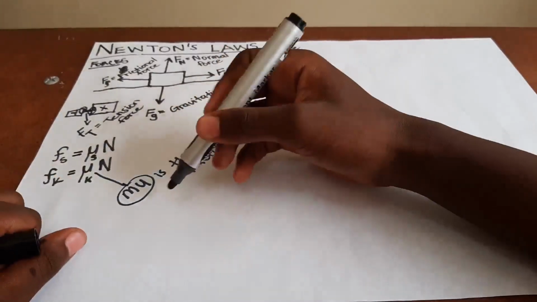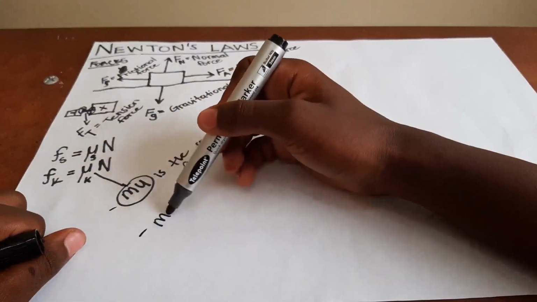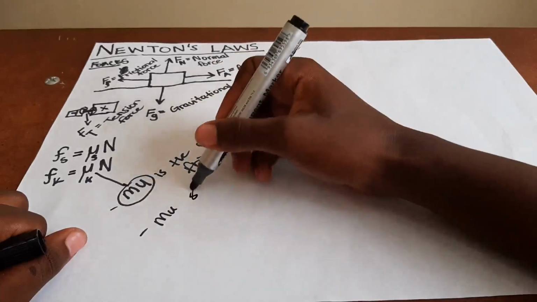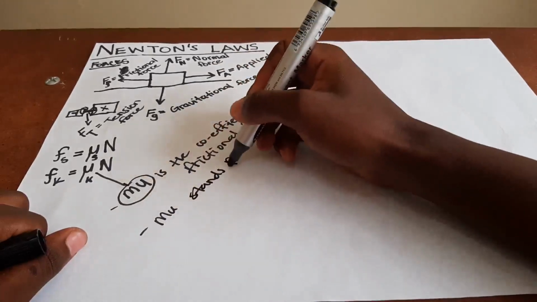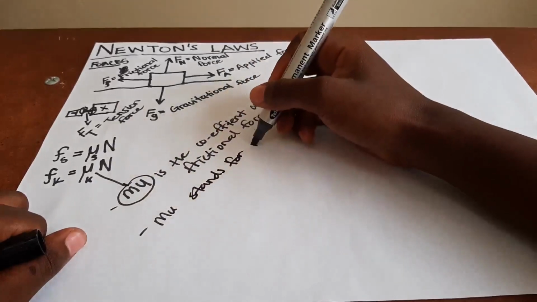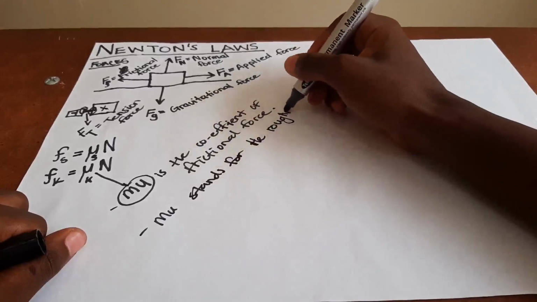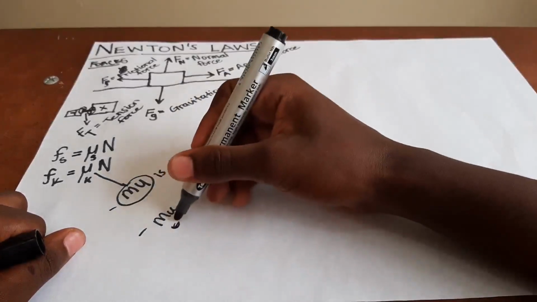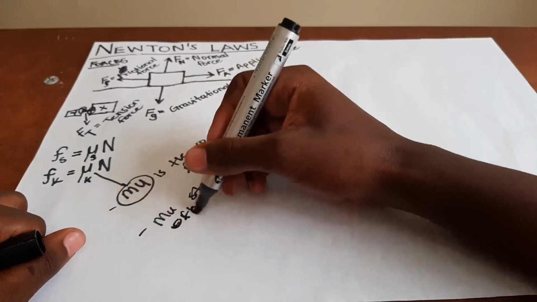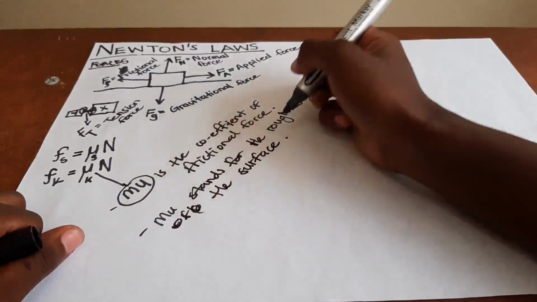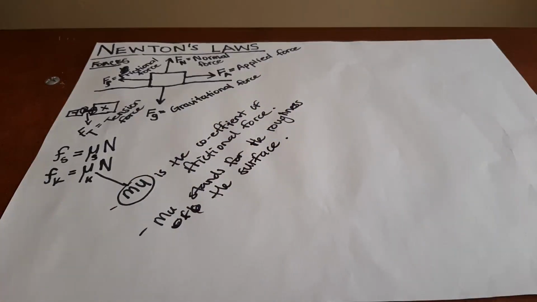So again, mu stands for the roughness of the surface, and mu is the coefficient of the frictional force.